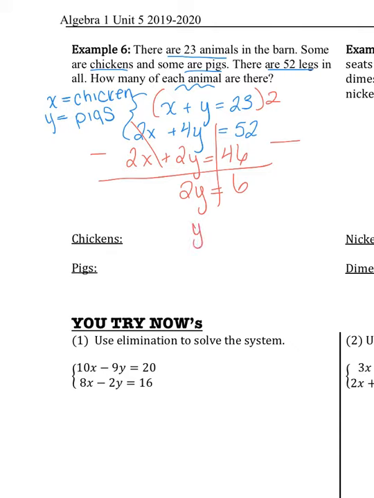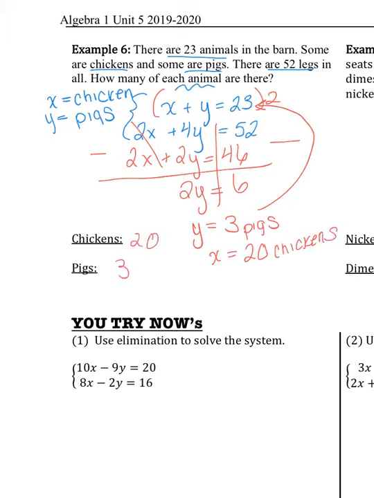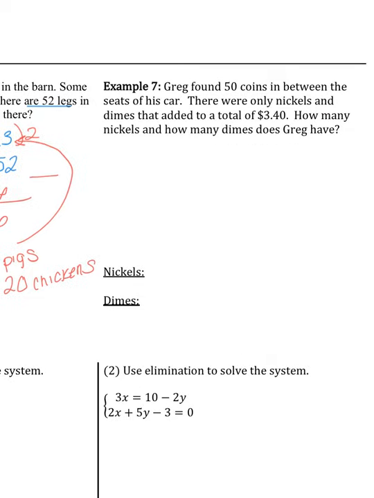Okay, and so I divide by 2, and y is then 3. So that means there are 3 pigs. Well, if there's a total of 23, then that means that there are a total of 20 chickens, right? That would be a total of 23. So 20 and 3.